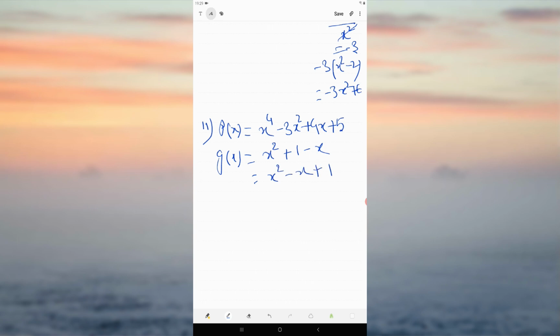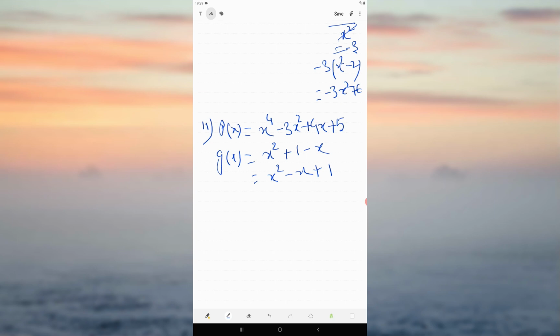We should always try to put the highest power of x first, x or y, whatever is given, it doesn't matter, it might be in the form of y also. So whatever form is given, write the highest power first, then go in decreasing order, and finally in the end the constant will come. As simple as that.